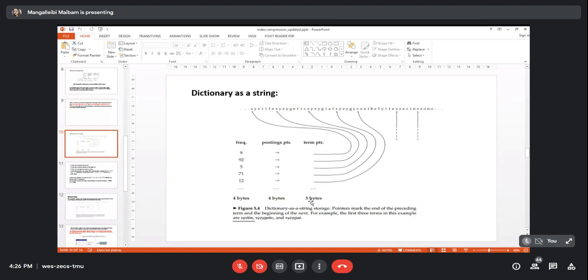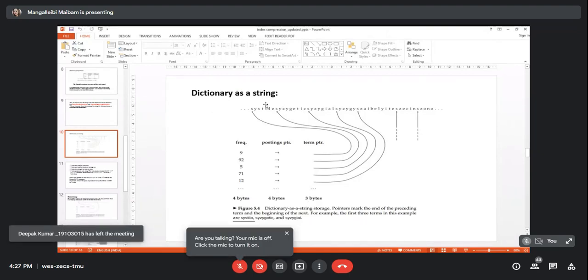So initially it was about 11.2 MB, right? And for this you can easily calculate using the pointers here, and you can get a lesser size of storage memory. Okay, so when you consider dictionary as a string, this has reduced the size of your storage.